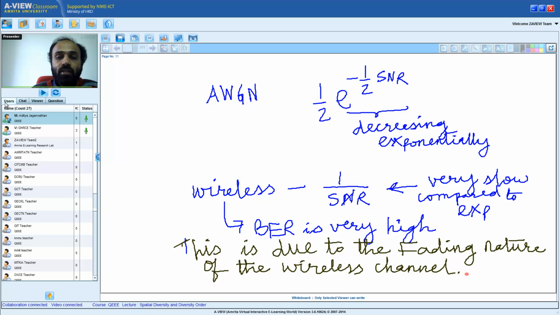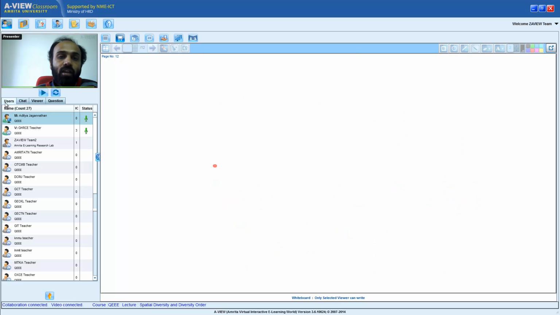For instance, we have already seen that at an SNR of 60 dB, the wireless communication system has a certain bit error rate. Let us take another example. Let us take an SNR of 10 dB. SNR equals 10 dB.